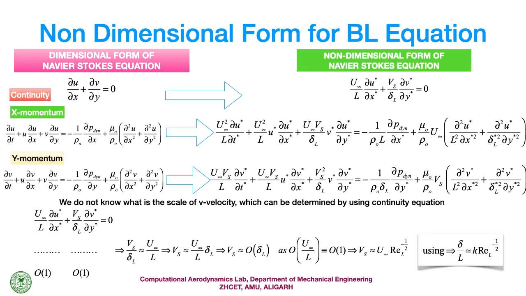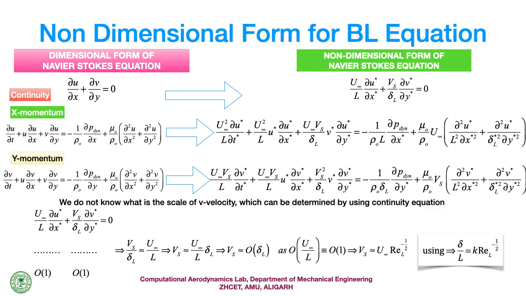This is slightly a full slide, so let us use this slide. For the continuity equation, on the left side I have written the dimensional form of this equation. On the right side, I have written the non-dimensional form of this equation, using the scales which I have already discussed with you.